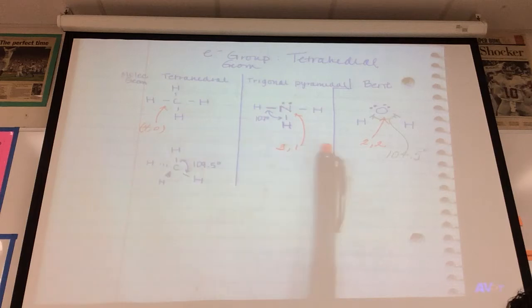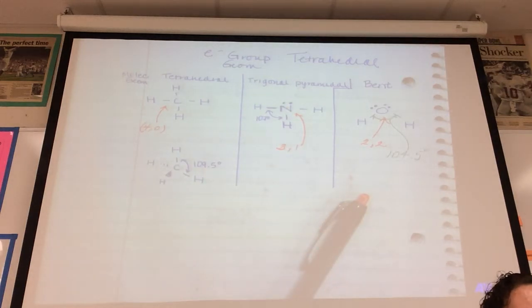Why? Because the two lone pairs of electrons on the central atom repel more than the bonded electrons, compressing the angle. But why is this angle smaller than this one? Because there are two lone pairs. So what do you think those lone pairs do to each other? They repel each other. So that's the key.